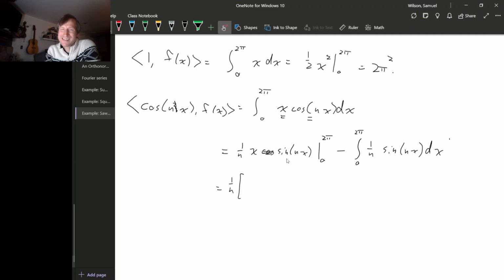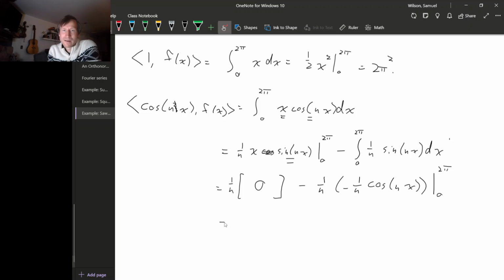Well, because of this sine here, when we plug in 2 pi or 0, we're always going to get 0, right? Sine of every multiple of pi is 0. So this stuff actually is always 0. Okay, minus 1 over n times the integral of sine of nx. That's minus 1 over n cosine nx from 0 to 2 pi.